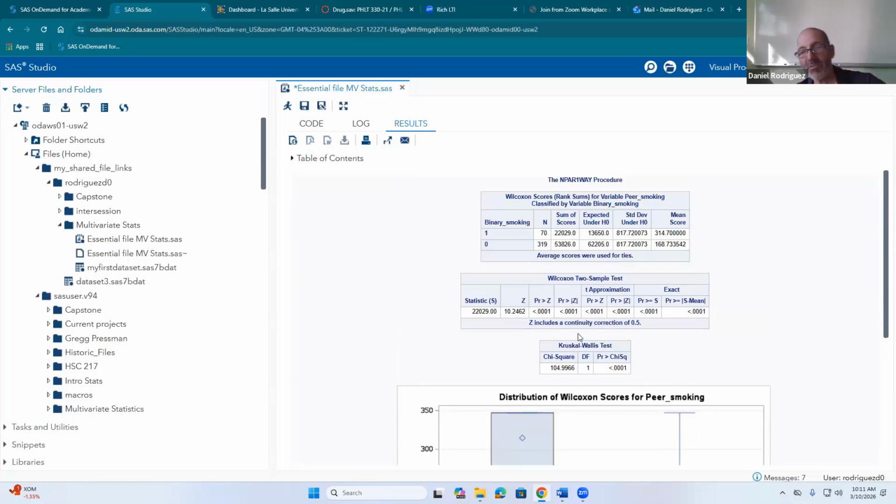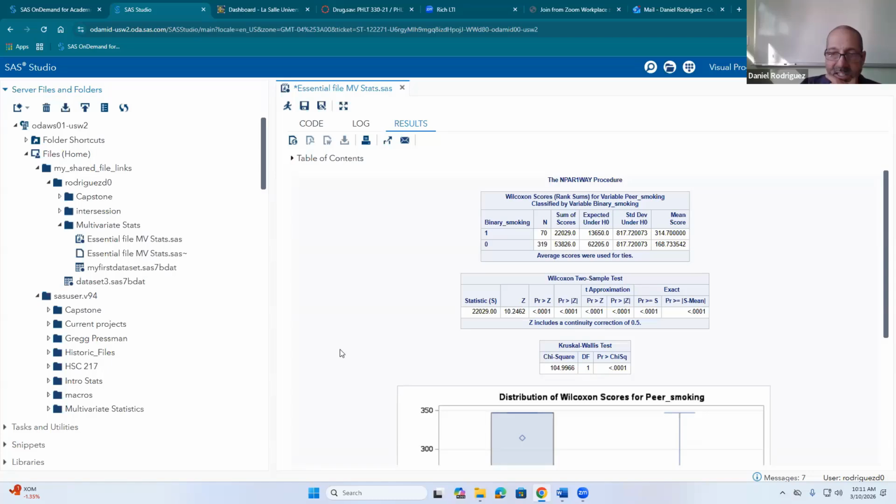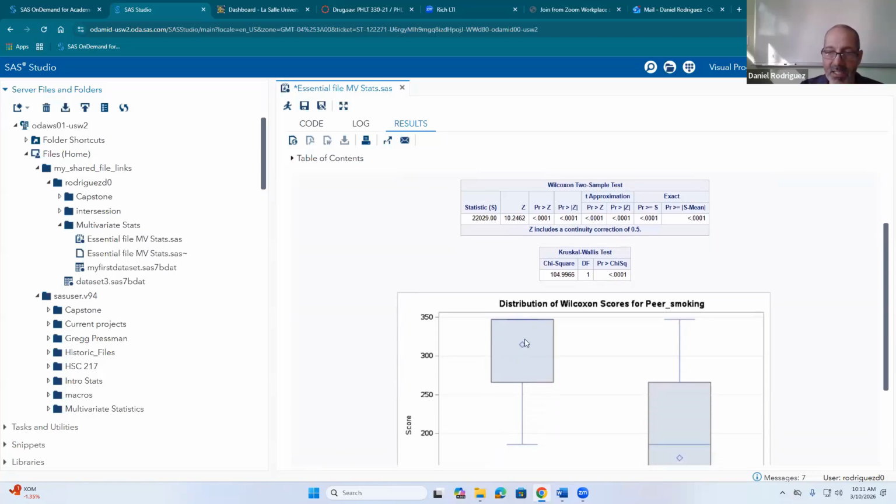That's very, very important to note. That's why you calculate things like effect sizes, so you can know whether or not we have a large effect. You'd want to do that as well. But again, having a large sample size will make anything look statistically significant.